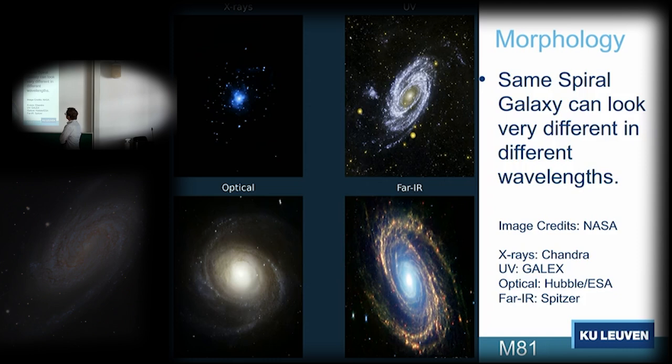In the ultraviolet, you see the spiral arms very prominently, and this again is not surprising because there in the spiral arms is where we have active star formation regions. Thus we have the young massive stars that shine a lot in the blue. Hence we see it a lot in the ultraviolet. Where if you go to far infrared, you see, of course, the bulge much better, and so forth, if we go to radio. So, yeah.